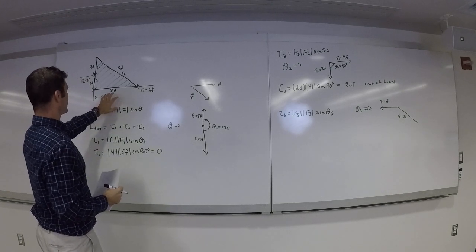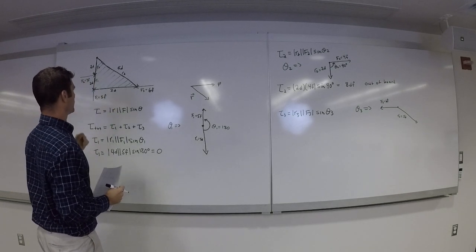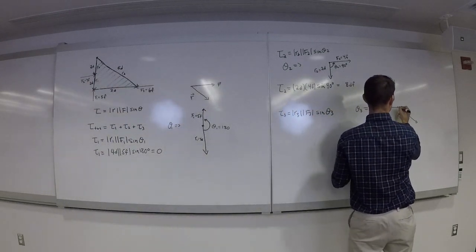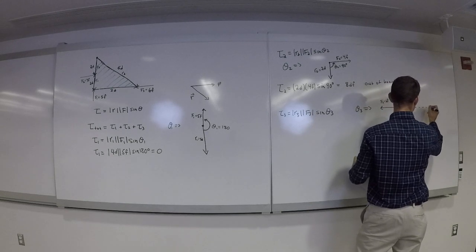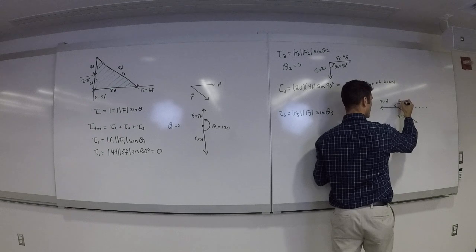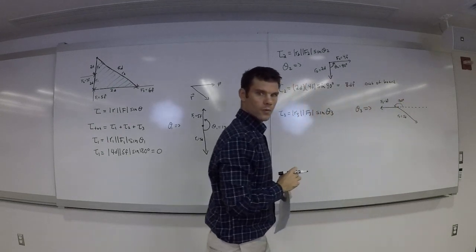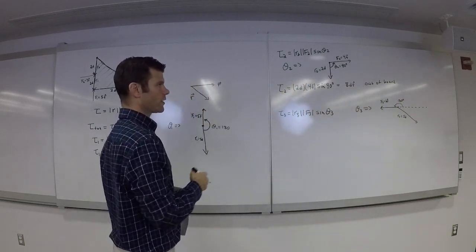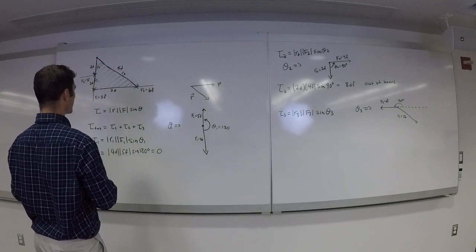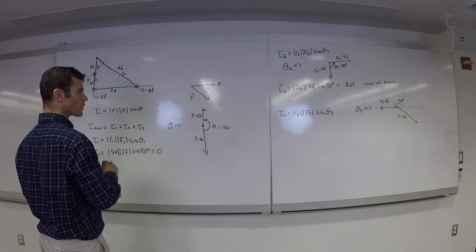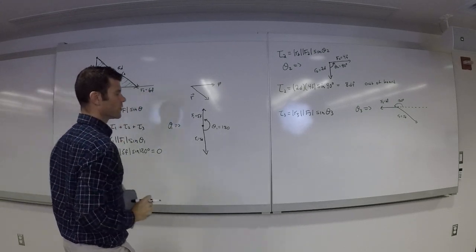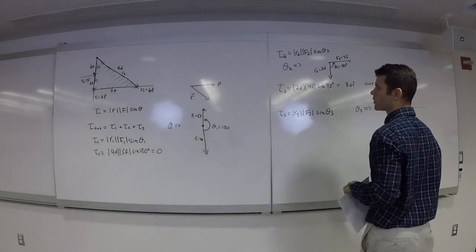So we can see that we have some triangles here and some segments. So what we're going to do is we'll draw a dotted line going out this way. And this way we know that we have 180 degrees because we have a straight line. We know that a straight line is equal to 180 degrees. But then the question is, what is the rest of the angle defined by?